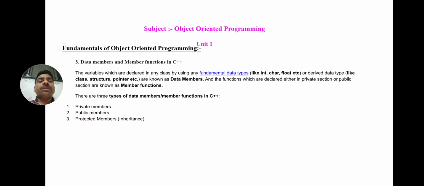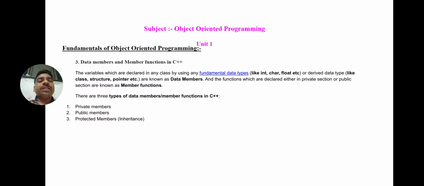Then we will see the third fundamental, that is data members and member functions. As we have seen, the definition of a class is nothing but a collection of data members as well as member functions. The variables which are declared inside any class by using any fundamental data type like integer, character, float, or derived data type like class, structure, pointer, etc. are known as data members.